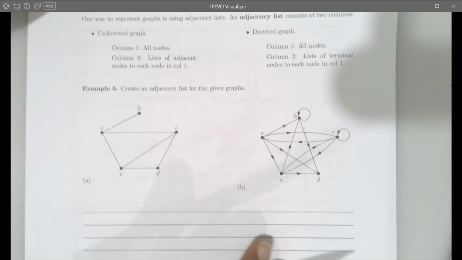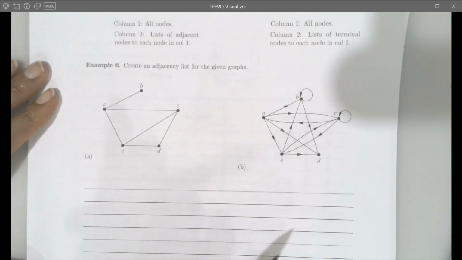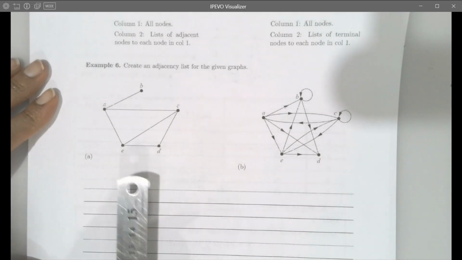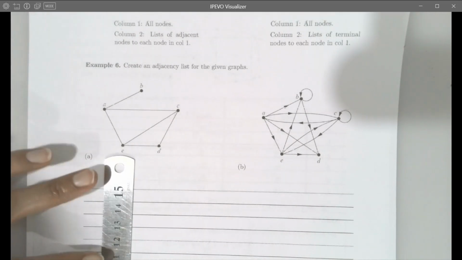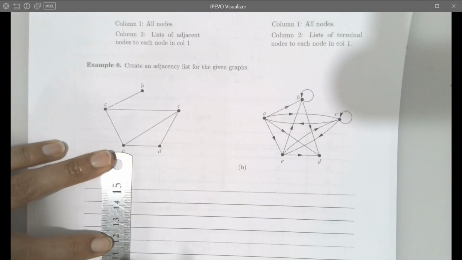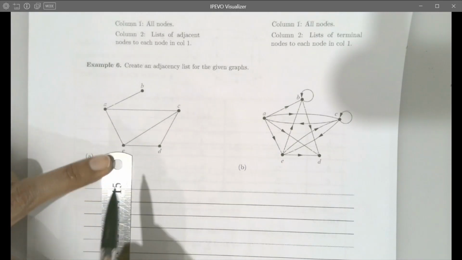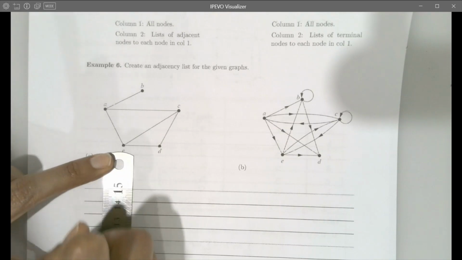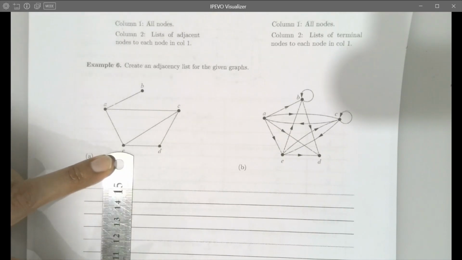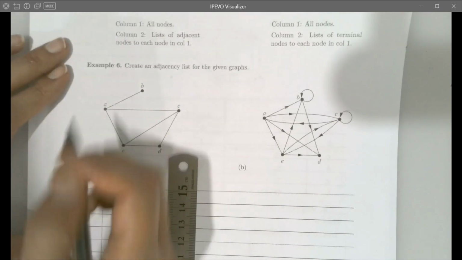Let's illustrate it with example number 6, where they're asking us to create the adjacency lists for the given graphs. Starting with the graph on A, we have 5 vertices. So let's go ahead and create that table.